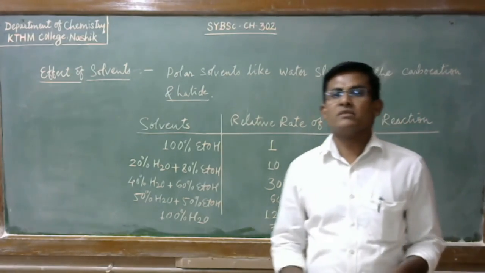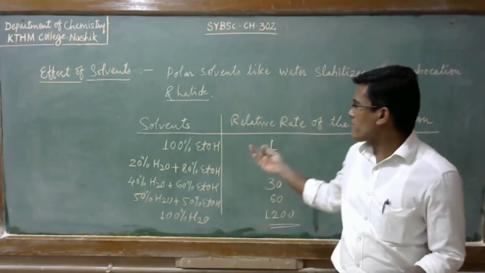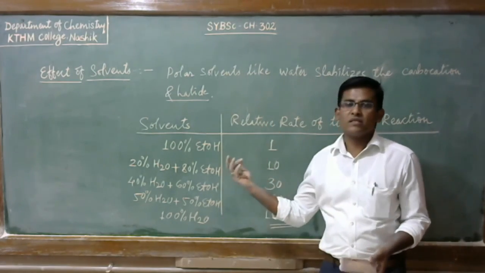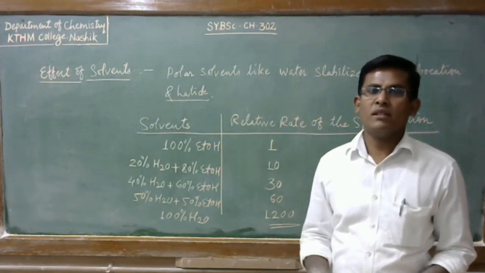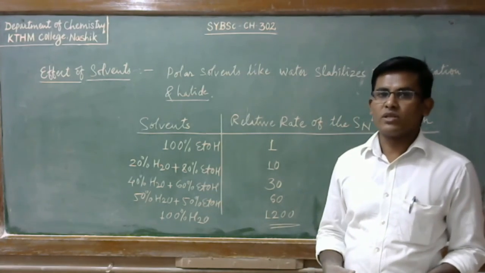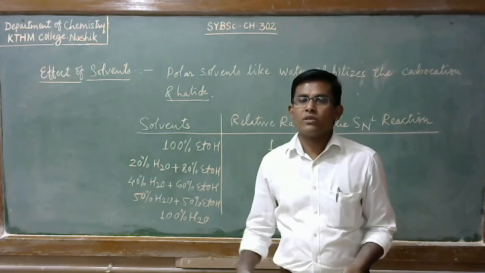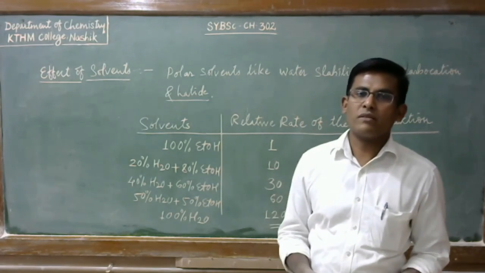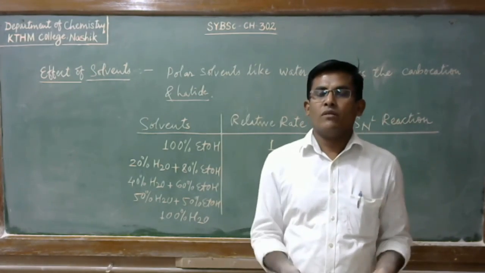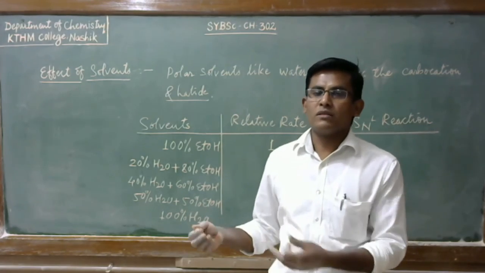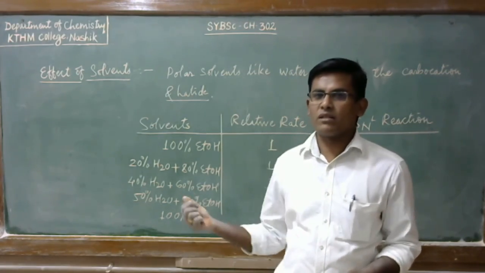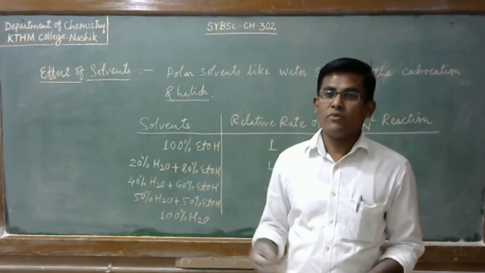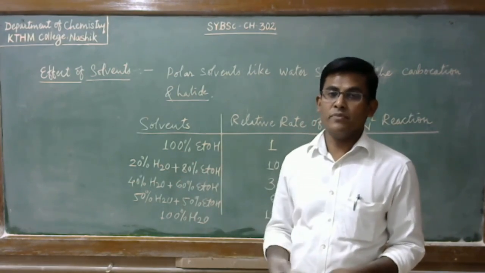So that means a polar solvent like water plays a major role in the rate of the nucleophilic substitution reaction. When you change from a less polar solvent like ethanol to a more polar solvent like water, the rate of the reaction increases 1000 times more.